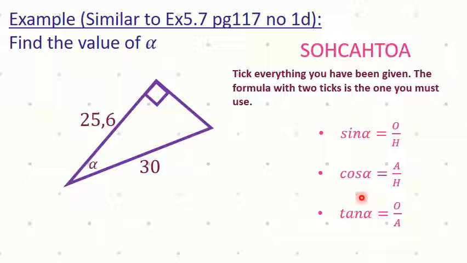If you have a look at alpha, what is alpha's relation to 25,6 and the 30 that has been given? It's quite obvious to see that 30 lies directly opposite the 90 degrees. So 30 is your hypotenuse, and so I'm ticking my formulae with the letter H for hypotenuse.